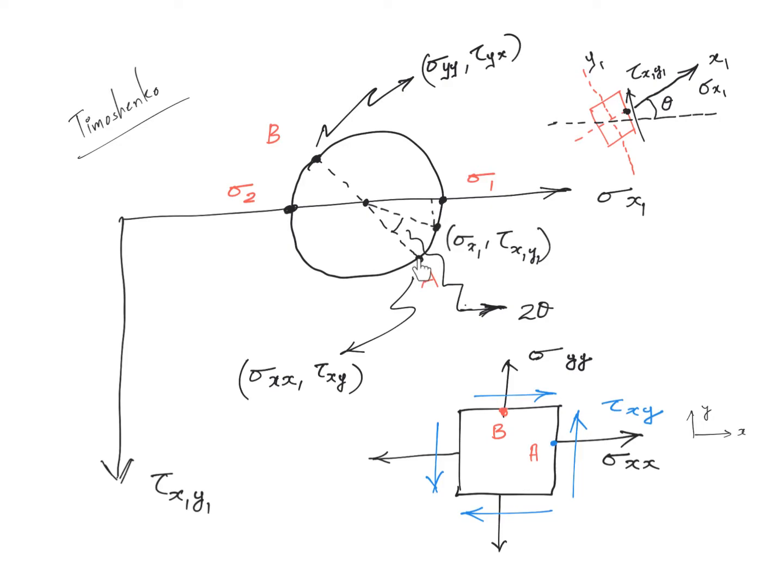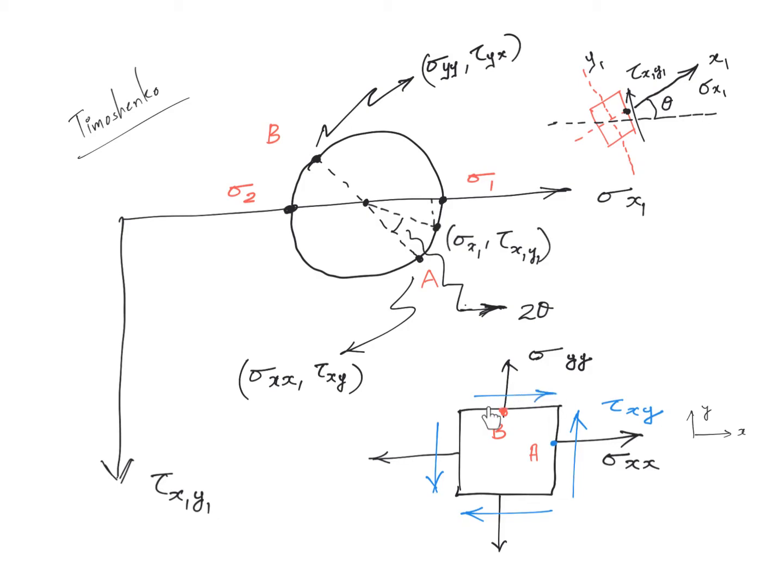So this is defined by 2 points, sigma xx and tau xy. See, tau xy is positive in this sense because this is my positive x face and my tau xy is acting along the positive y direction. So it is obviously positive. That's why I have marked that point A along the positive tau x1 y1 axis.